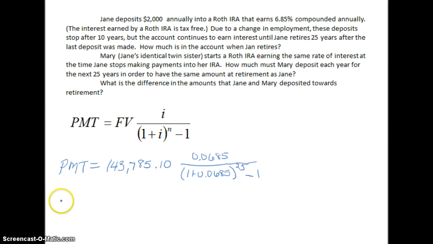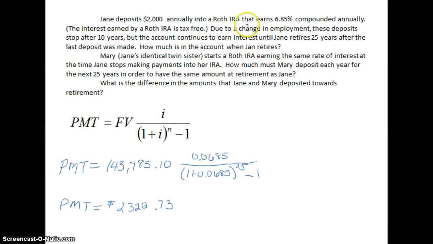From that calculation, and you may want to pause the video and try it to make sure that you're good with typing that on your calculator, the payment for Mary is going to be $2,322.73, and that's an annual payment.